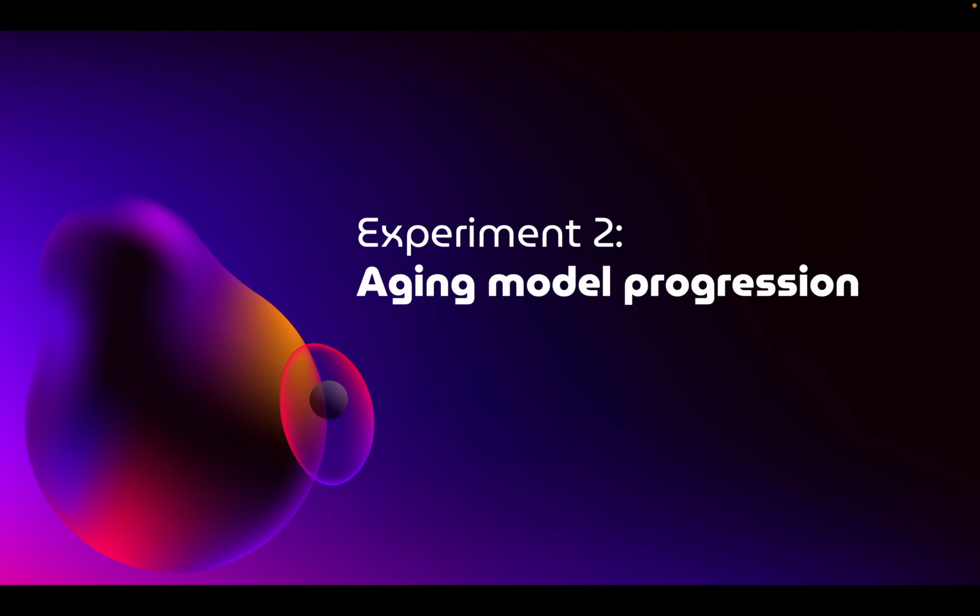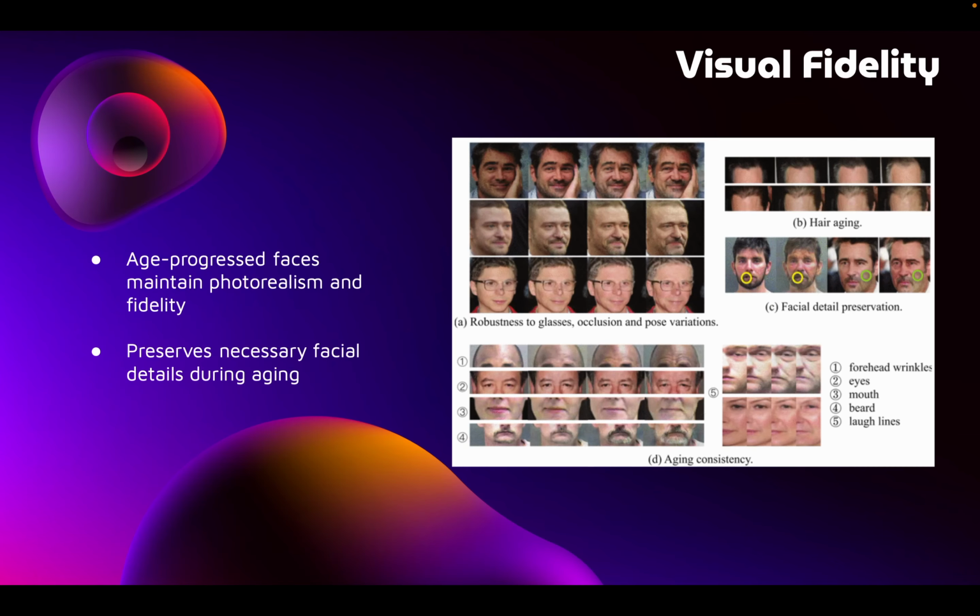The second experiment's objective was to test aging model robustness. The results have shown that age-progressed faces maintain photorealism and fidelity even with variations like glasses, occlusions, and pose changes. Additionally, it showed that hair aging was also considered, showing wispy and thin hair growth.